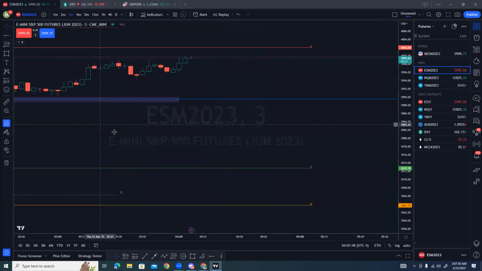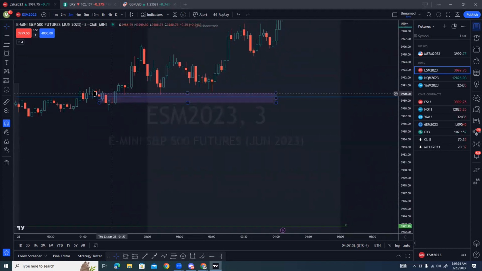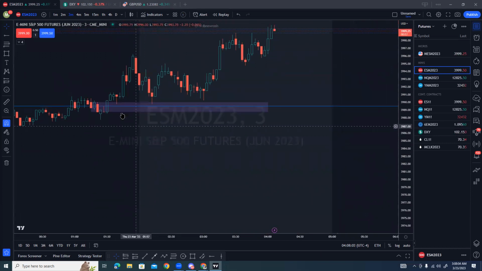So let's go to the 3-minute chart, so I don't have to readjust anything. This is a 15-minute order block. As you can see, it taps in right here, but price goes away and then it comes back and we tap again. Now, it doesn't get to the mean threshold of it, because the blue line is not even the mean threshold of it. But we tap in, and it looks like it's trying to figure out if it wants to get in there.